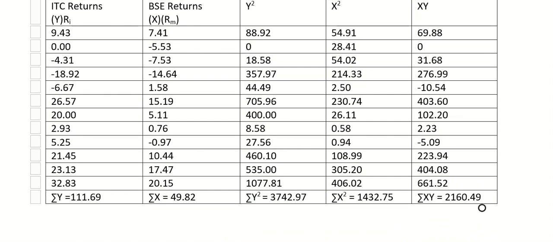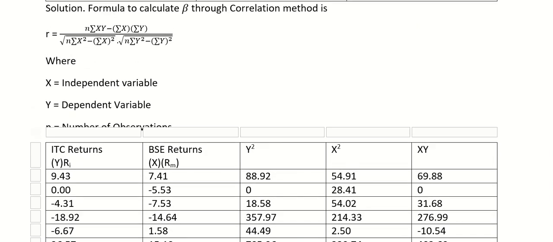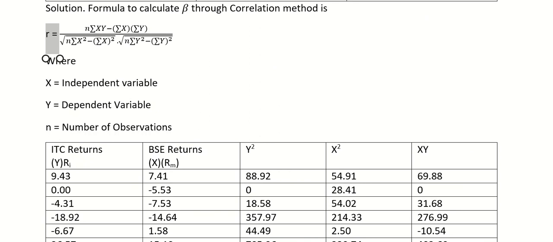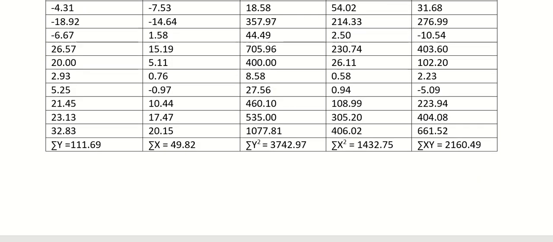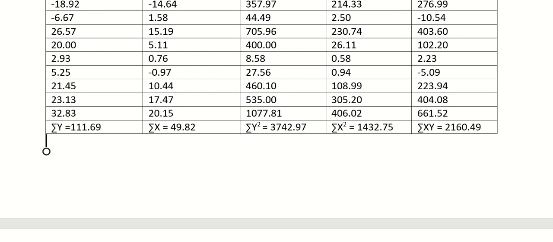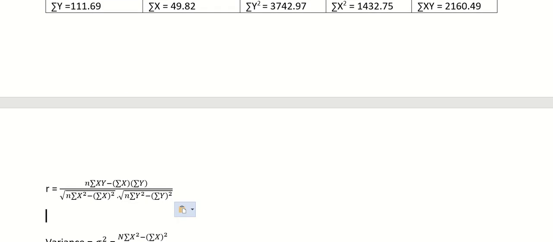So now I will put all these values into the formula of correlation. So I will be putting this value here. Right? So n is, we have returns of 12 months, right? So n is 12. Then we have summation of x and y. Summation of x and y is 2160.49.